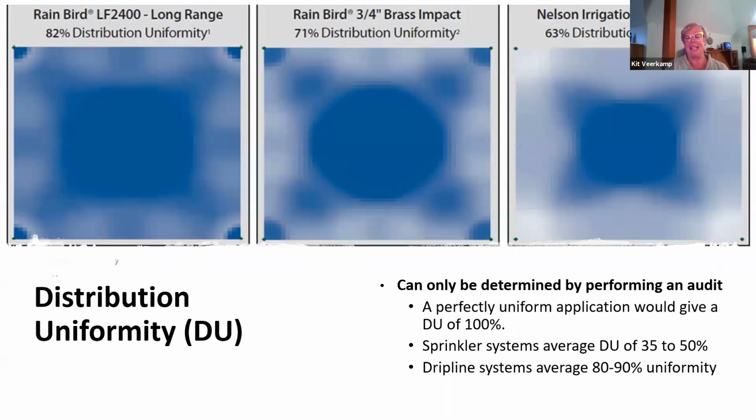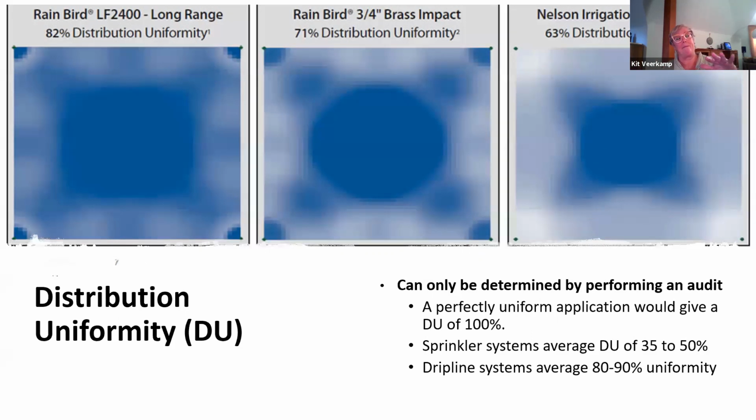And then secondly, the spacing between these, you just never can get it, even though you generally want what's called head-to-head coverage, where the water from one sprinkler touches the head of the next sprinkler so that you have complete overlap. That's where you get the best uniformity, but it's still not 100%.